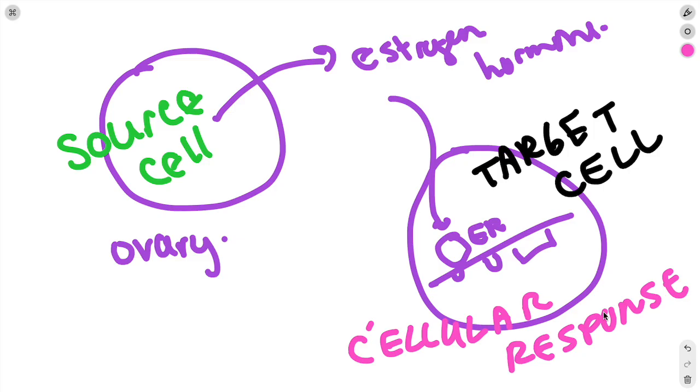And there are really two types of responses a cell can do, and lots of times it does examples of both of them. So for cellular responses, one kind of response is called a genomic response.